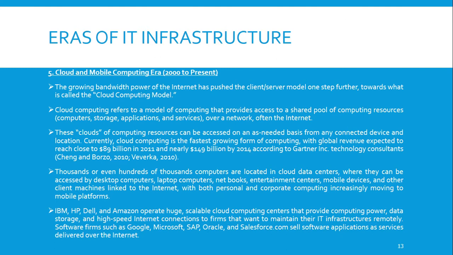Software firms such as Google, Microsoft, SAP, Oracle, and Salesforce.com sell software applications as a service delivered over the internet. So we have firms that provide computing power and data storage, whereas there are also firms on the net which provide software services as well.